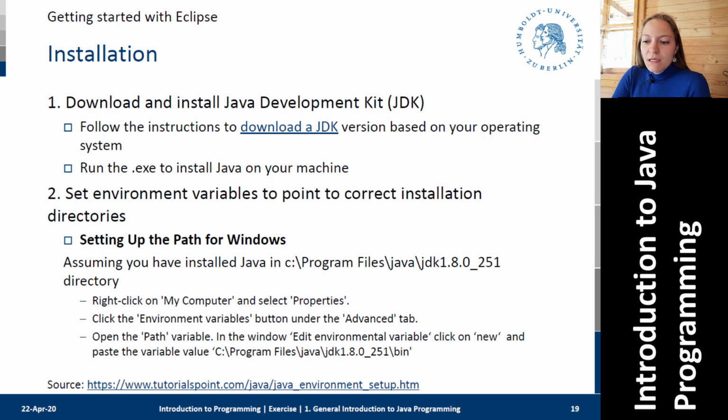To do this, you have to go to this link, click it, and then you will open the web page from Oracle, where you will find a lot of distributions. You need to find the version that fits your operating system. You need to download it and install it on your machine.